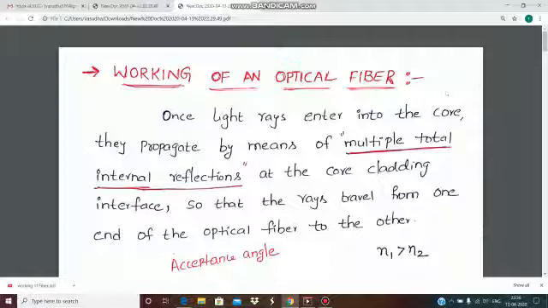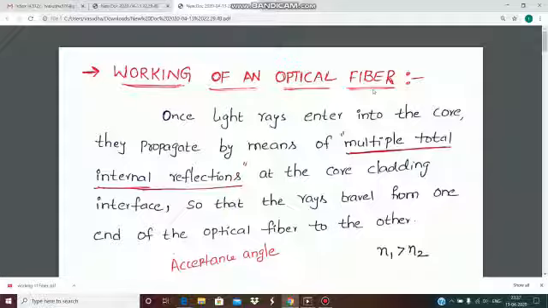In the last video, we discussed what an optical fiber is and its advantages, and also its construction and principle. So finally, I will explain it in one sentence. Optical fiber is a long, thin, transparent dielectric material.